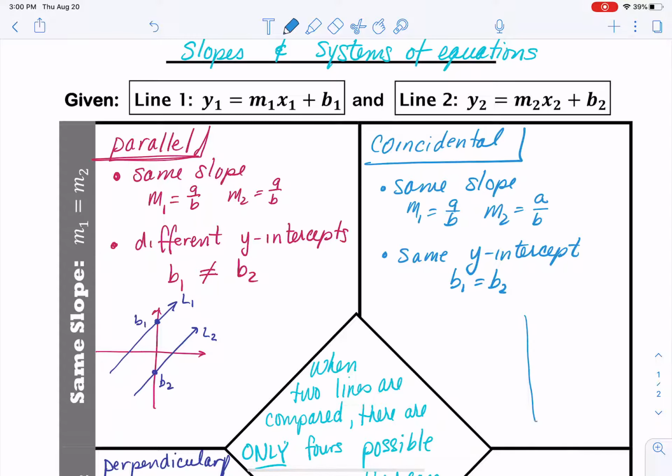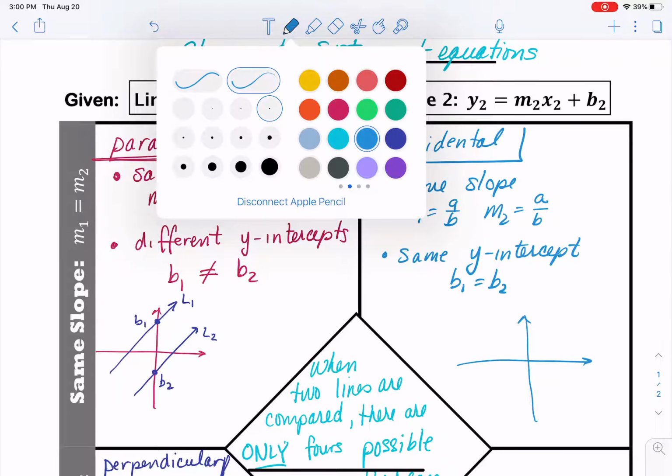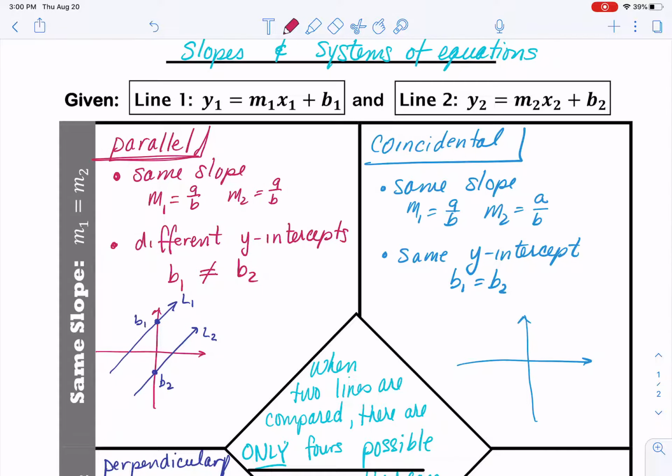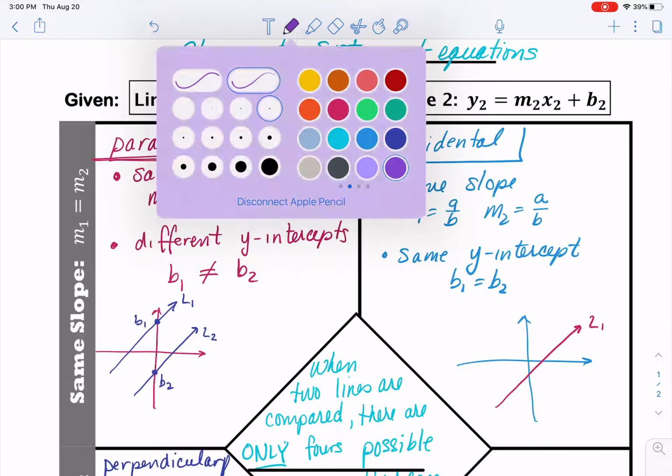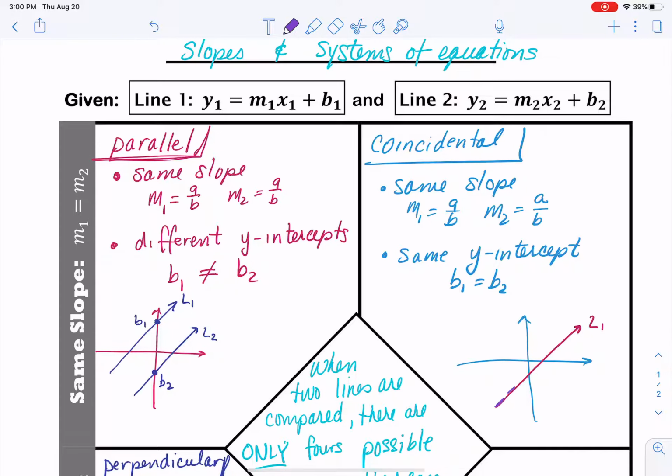That means that given a graph, I have one line that looks like that, and a second line that lays right on top, where we have B2 and B1 as the same. So coincidental lines are the same line.